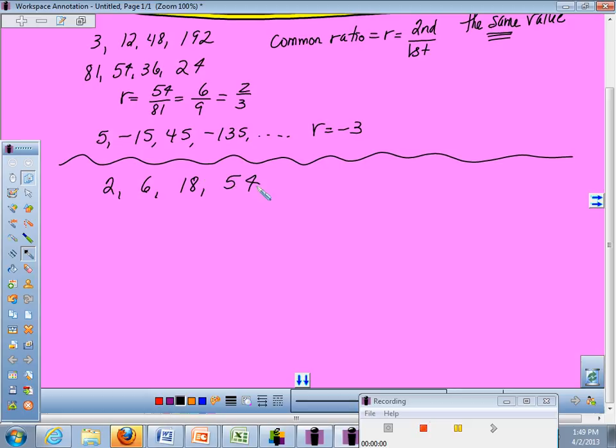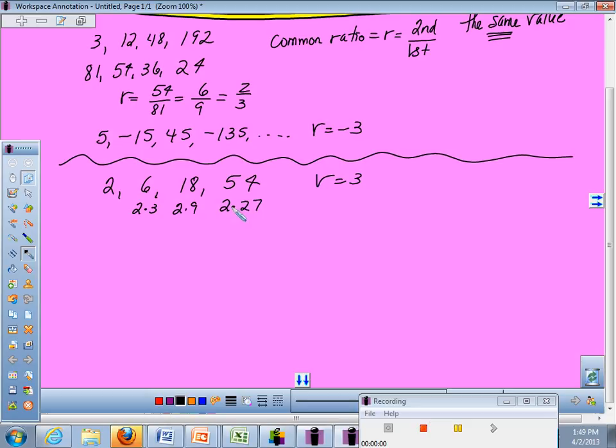Okay. In this case, what's the ratio? 3. No big deal. What I want you to do is, there's a pattern here if you start looking. We could say 6 is 2 times 3. First number times the ratio. Couldn't I say 18 is 2 times 9? 54 is 2 times 27.